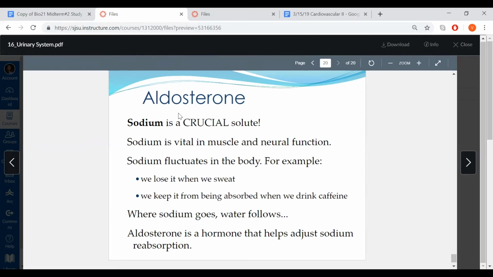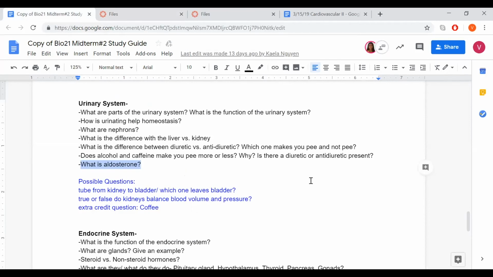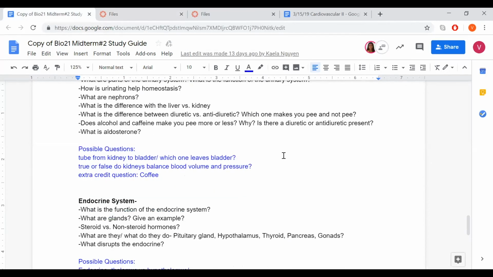So sodium is vital in the muscles and neuron function. So sodium fluctuates in the body. And so this aldosterone is a hormone that helps regulate the levels of sodium by adjusting how much sodium you absorb, I guess, if that makes sense. But yeah. So moving on to these possible questions.